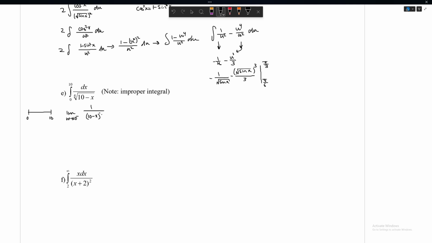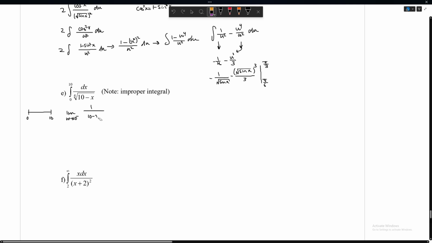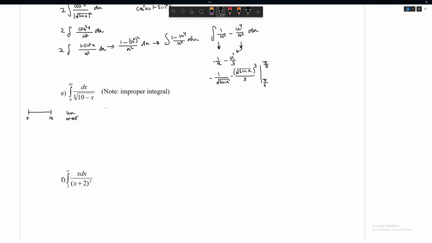Oh my god, I'm trying to rewrite this, but it's giving me such a hard time. Alright, so what I'll get is the integral from 0 to w now of 10 minus x to the negative 1 over 4. There you go, dx. Now we can actually take the integral for this part.